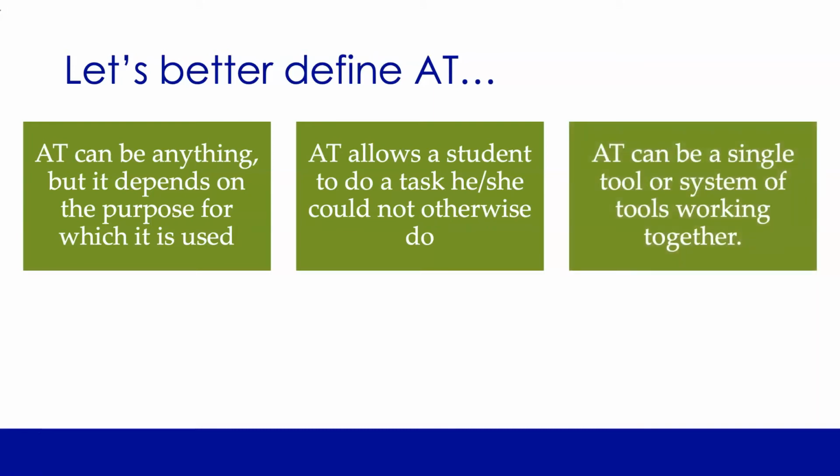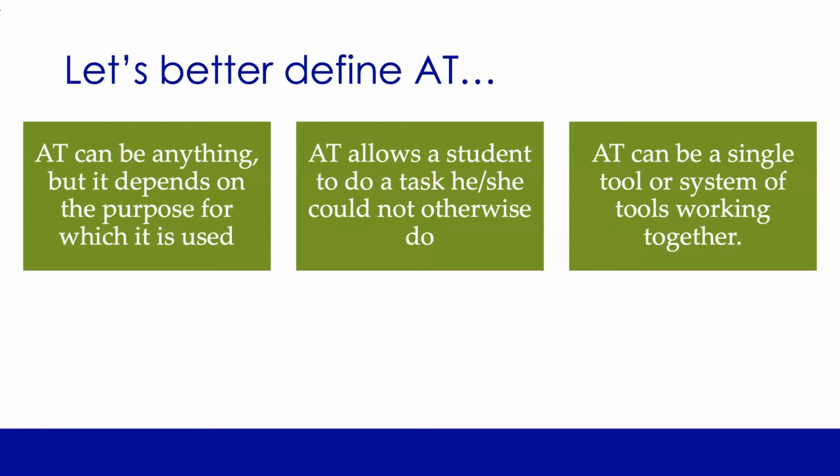Assistive technology can be a single tool or a system of tools working together, and that's important. Again, we are talking about that we might be using multiple tools together to achieve a single purpose.